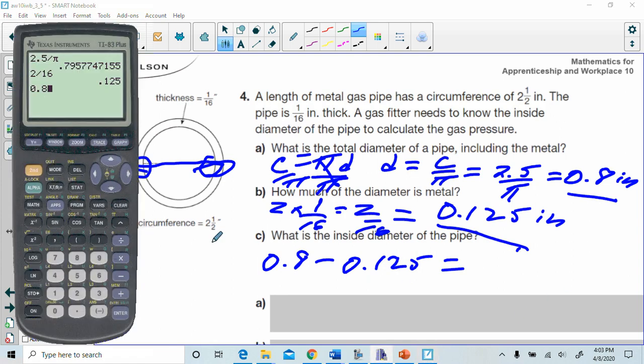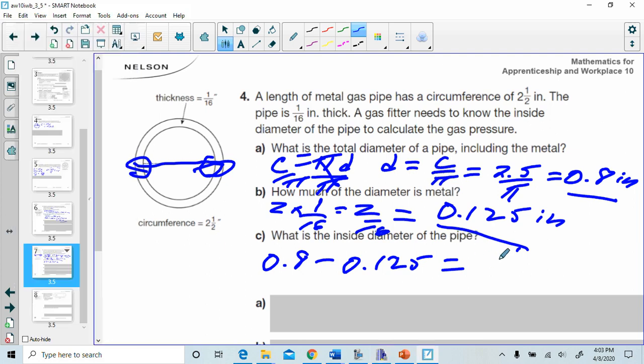We go 0.8 minus 0.125 to give us about 0.675 inches. And that would be the inside diameter, right here, all the way across. So that's this number here.